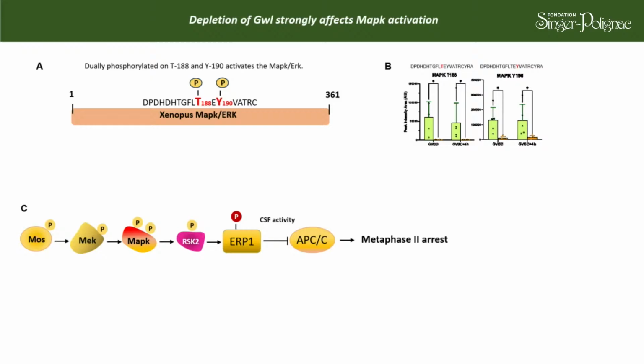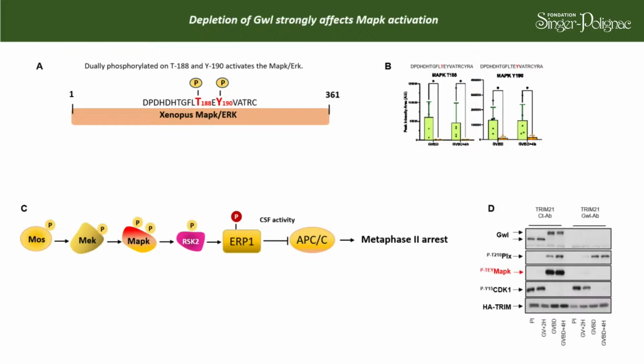MOS is a protein translated after progesterone. MOS activates MEK, which activates MAP kinase. MAP kinase phosphorylates RSK, which phosphorylates and stabilizes ERP1 to inhibit APC and to maintain the oocyte arrested in metaphase 2. We confirm that this phosphorylation does not occur anymore when Greatwall is degraded.